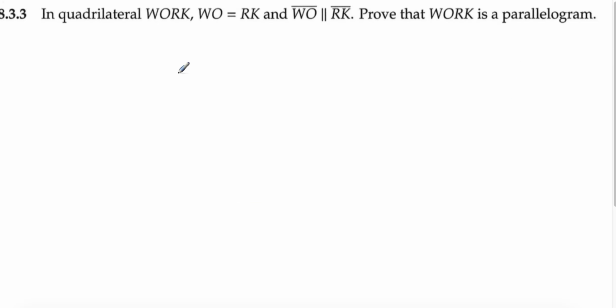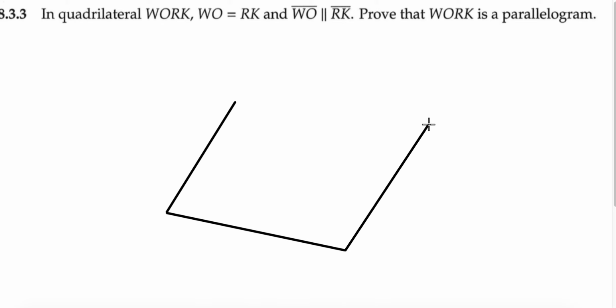Let's look at number 3. In a quadrilateral WORK, and I'm going to intentionally make a quadrilateral that doesn't look like a parallelogram, just randomly making something. But one thing actually that we get to realize is WO is parallel to RK.